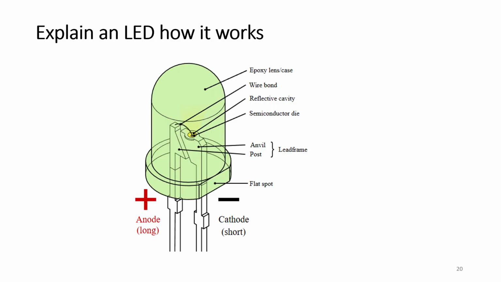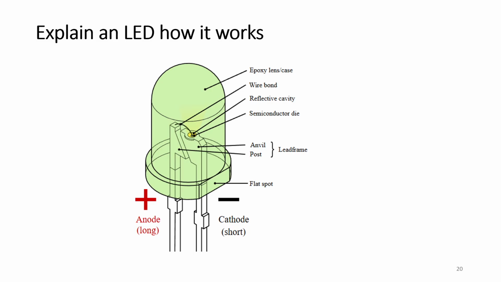The outer transparent body is the epoxy lens or case, which protects the internal components and also acts as an optical lens to focus and direct the emitted light outward. The shape of this epoxy case helps control the viewing angle and light intensity distribution.